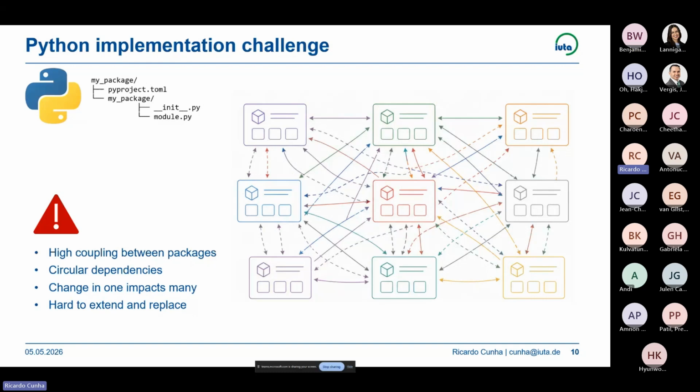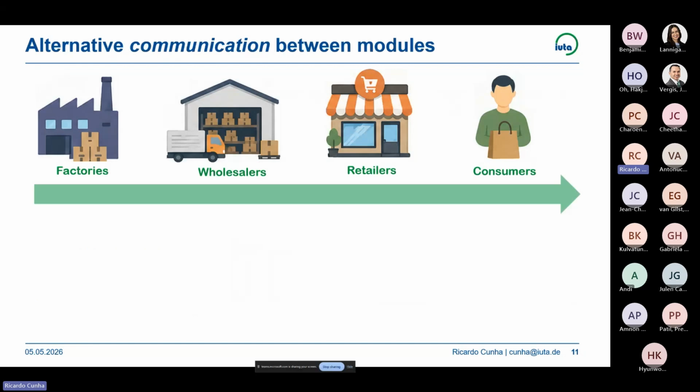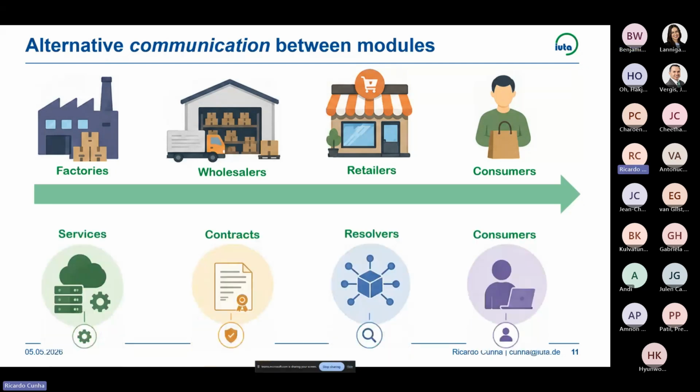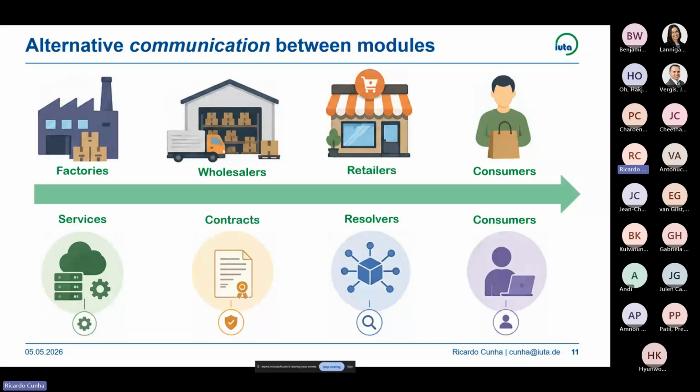We solved this by abstracting the way that we implement it. It's like when you have a factory that produces a good, and you have wholesalers that distribute the goods, but the consumer at the end never interacts with the factory itself. It just looks at the retailers. This is exactly what we would like to implement in this case.